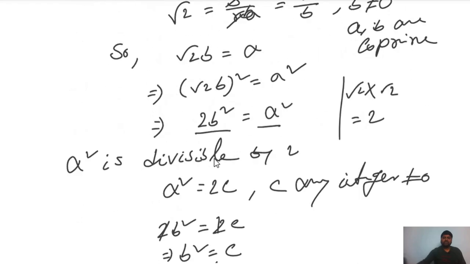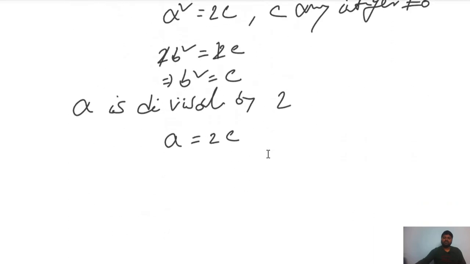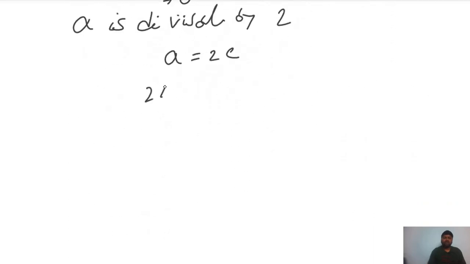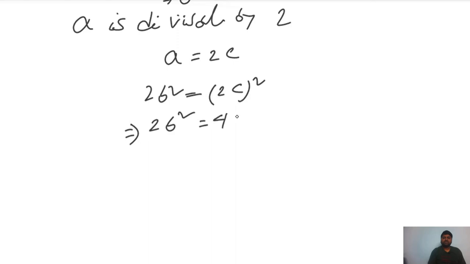In this term we put it in 2b square equal to 2c the whole square, and 2b square equals 4c square, and we get b square equal to 2c square.